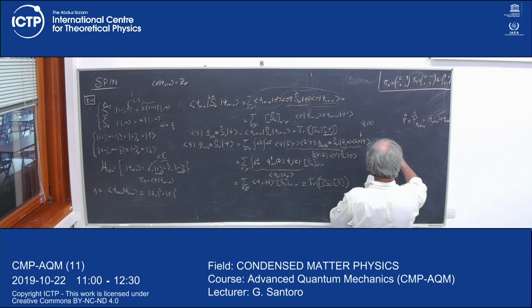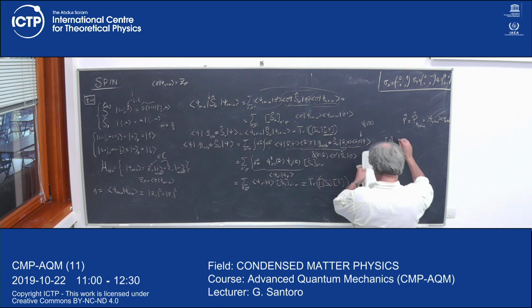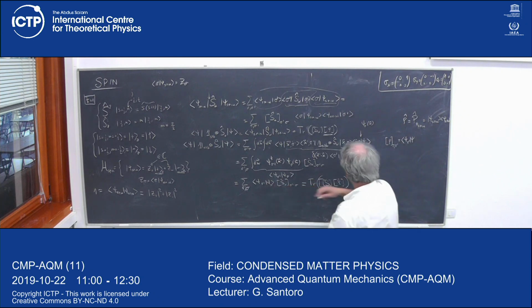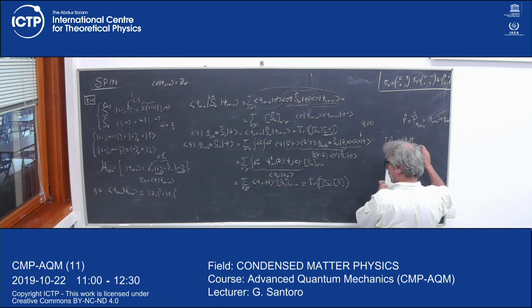The matrix for rho, sigma prime sigma, is equal to simply psi sigma prime, psi sigma, what you have there.